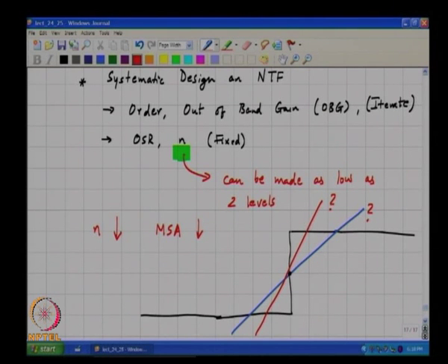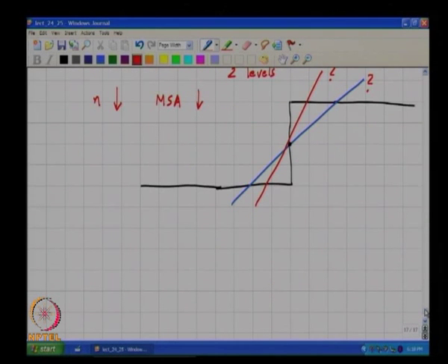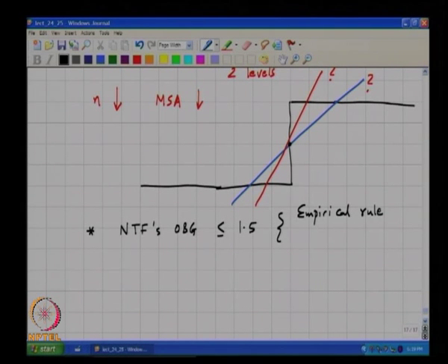And it turns out that people ran some simulation experiments and found that the noise transfer function gain must be less than or equal to 1.5, right. So this is an empirical rule, right, often called Lee's rule.